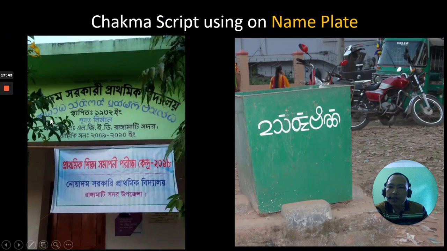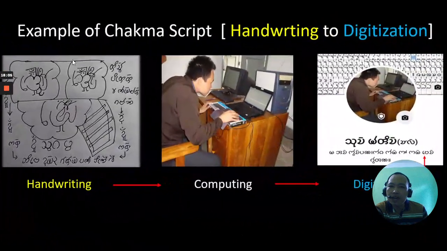This is a primary school, a government primary school in my location in Bundukbanga, Noadam Sorkari Prathamik Bidyalaya. This is a dustbin. We use our script in many places like wedding cards, nameplates, dustbins, etc.